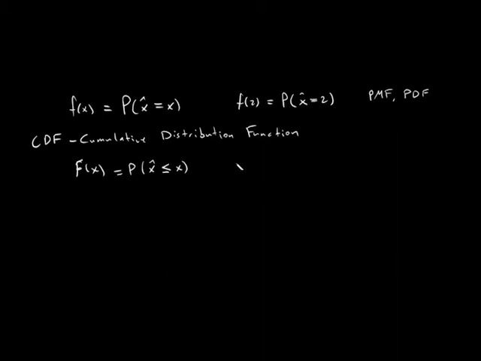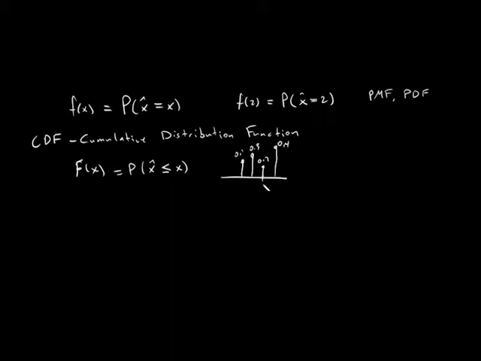So an example would be if you have 0.1, 0.3, 0.2, 0.4.